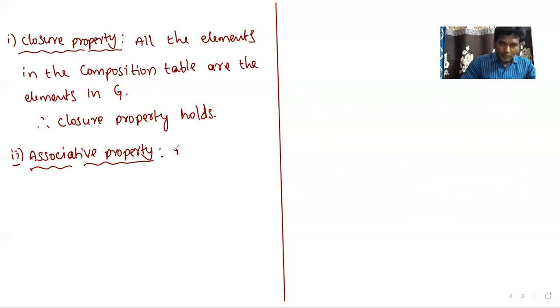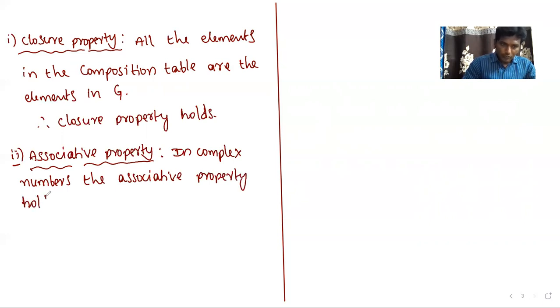Associative property. In complex numbers, the associative property holds under multiplication.